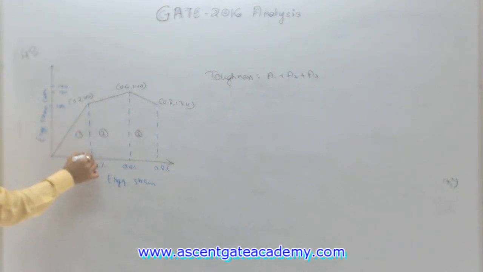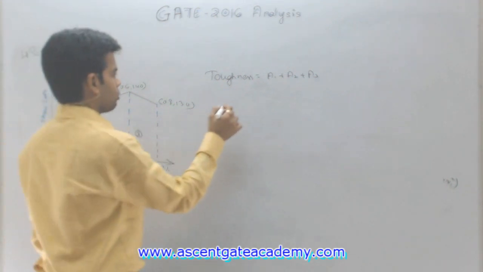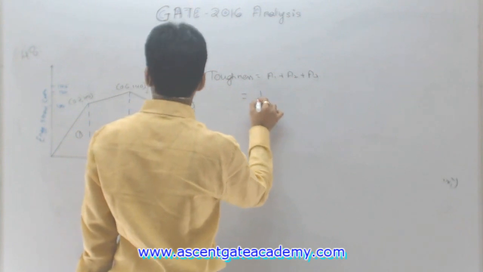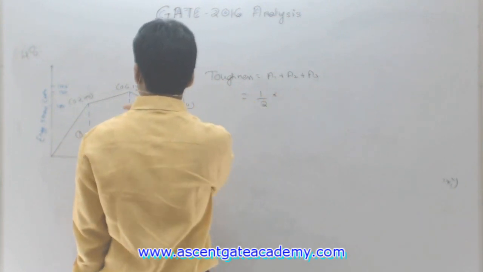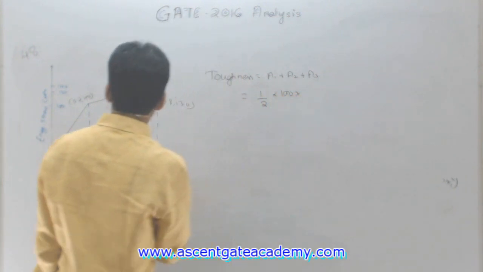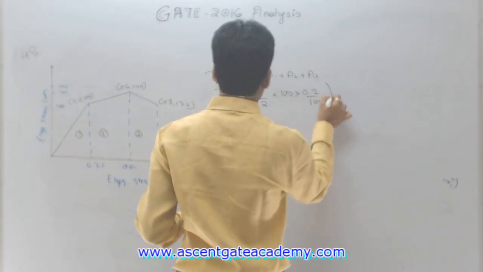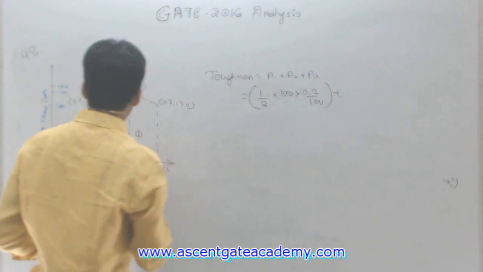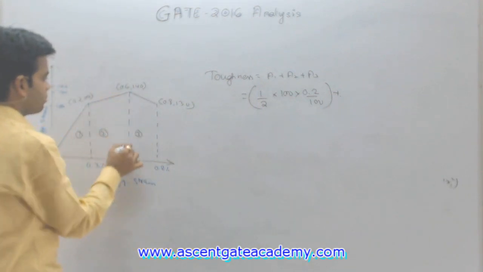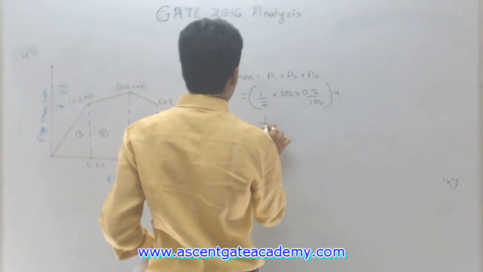Okay, now it is simple geometry. Area 1 is a triangle, so this will be equal to half into 100 into 0.2 upon 100, since this is 0.2%, plus area 2, which is a trapezoid. And how can we determine the area of a trapezoid?